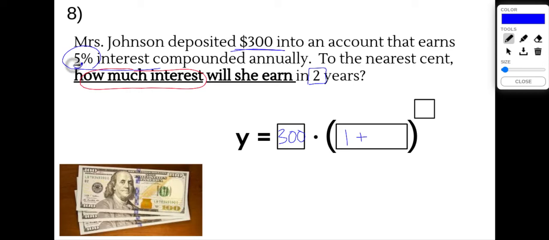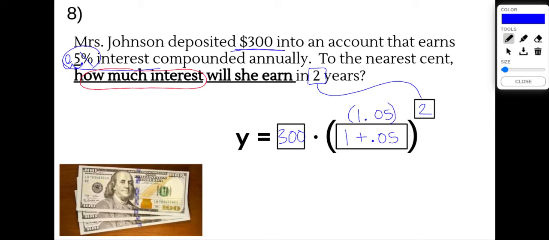Remember decimals here, back it up, take off the percent, 0.05. And then I want to know what I'm going to have here after 2 years. So 2 is my exponent. And then right here, this is 1.05 if you add it together. So you could just use that to type in your calculator.